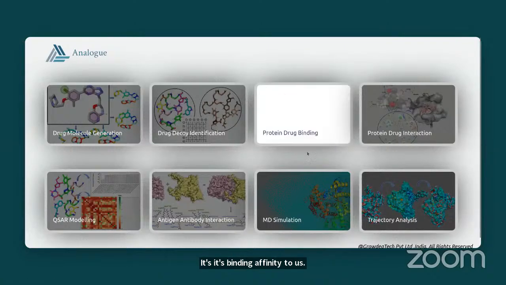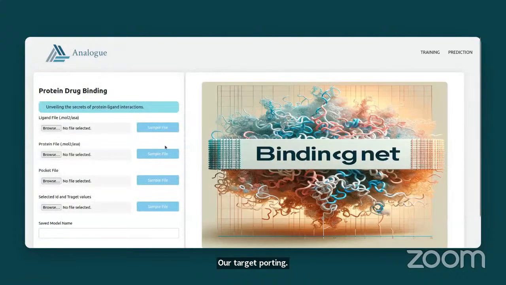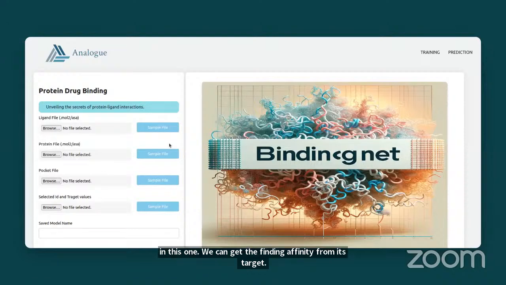So we can use this particular module of analog. In this one, we can get the binding affinity of a molecule towards its target based on the structure of the small molecule, structure of protein, and we can also define a fixed pocket file in this case.